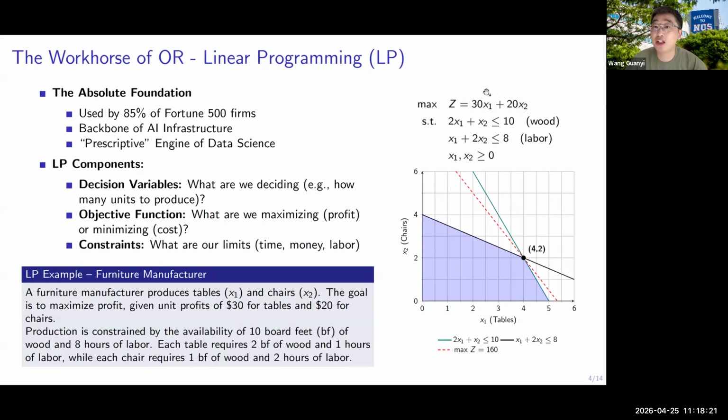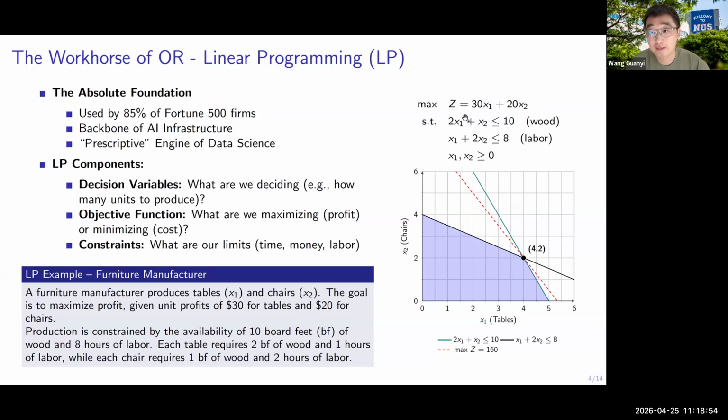And here the objective function contains 2 parts. The first part is 30 times x1, because every time we sell one table, we get $30 profit. Similarly, the second component is 20 times x2, where x2 denotes the number of chairs.